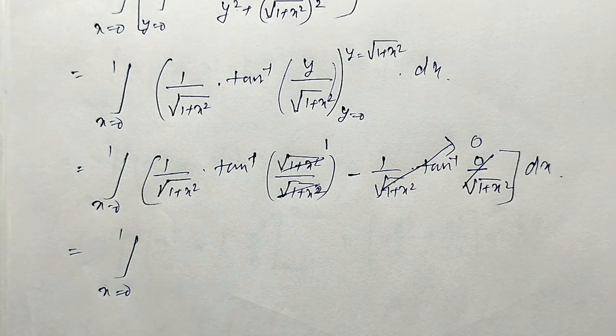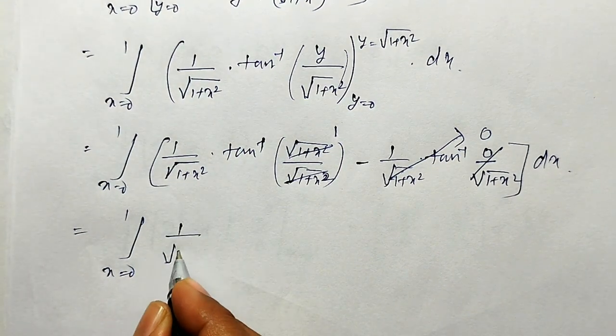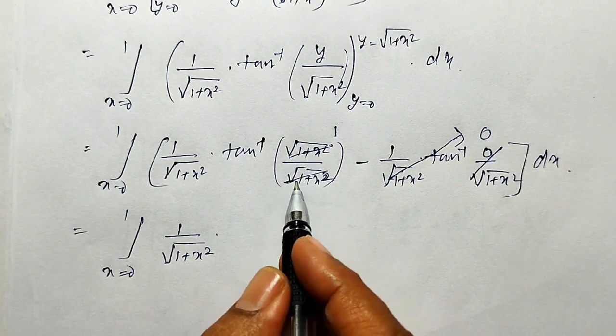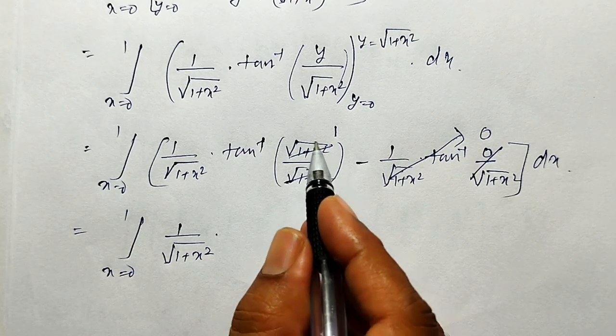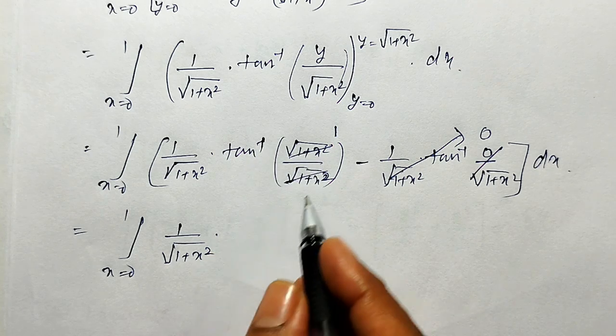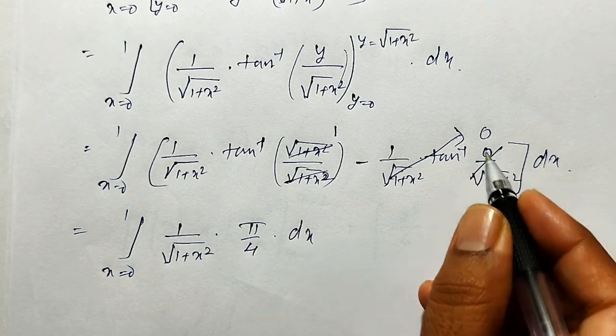Now what remains here is the integration from x equal to 0 to 1 of 1 divided by square root of 1 plus x square into tan inverse of 1, which is nothing but pi by 4, into dx. This term is 0.